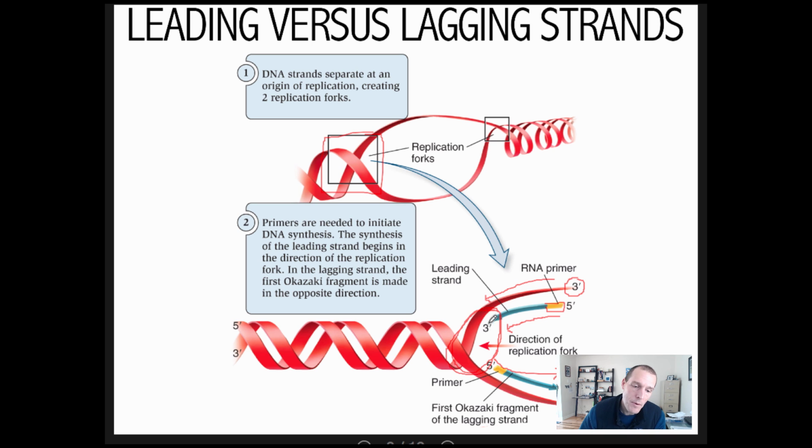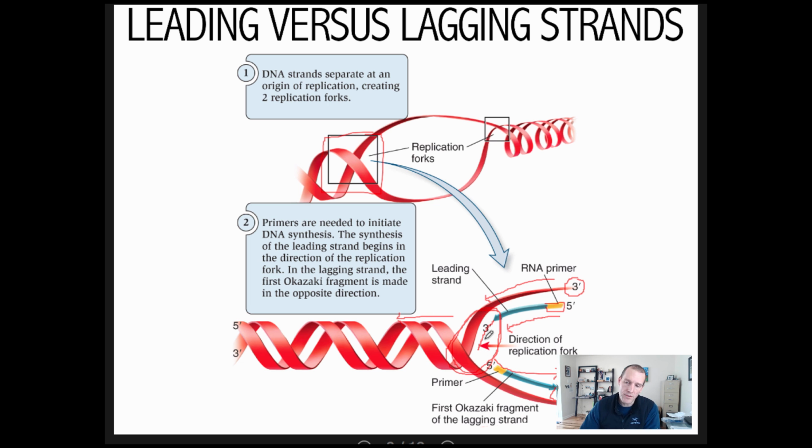And so that's easy because as long as we keep unwinding the double helix in the direction right to left as we're looking at it, we can keep the enzymes in the middle of the replication fork, always adding new nucleotides onto the 3' end of this top strand, and that top strand is called the leading strand. But the problem is that this 3' end is going to be kind of running away from the double helix. And so that's a problem, running away from the replication fork.